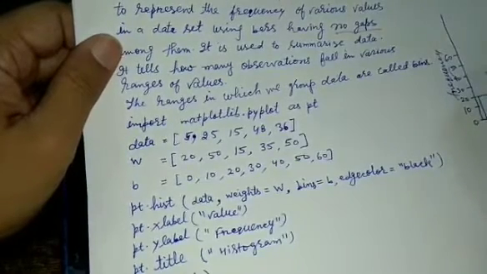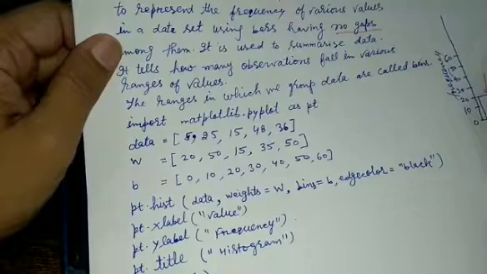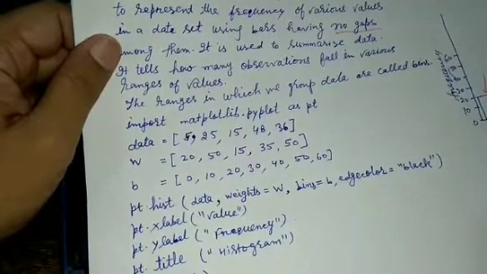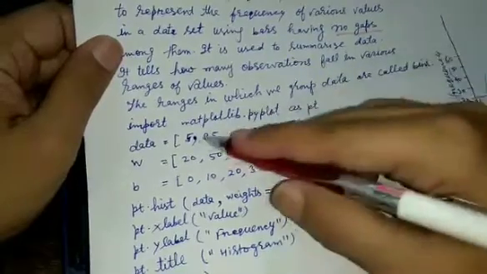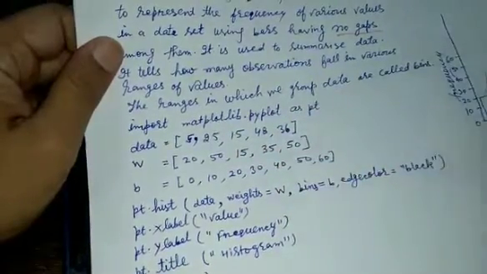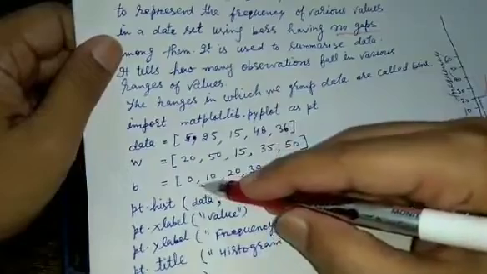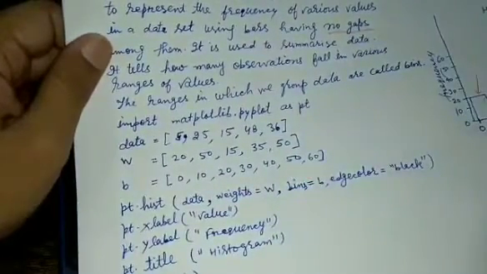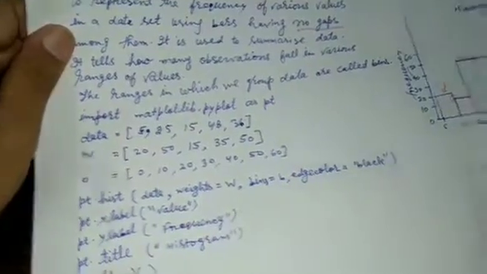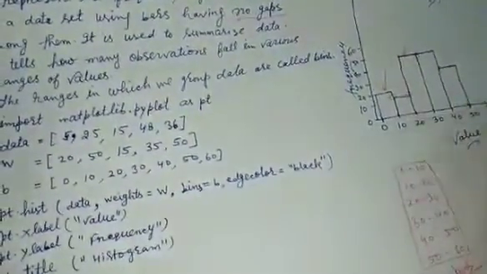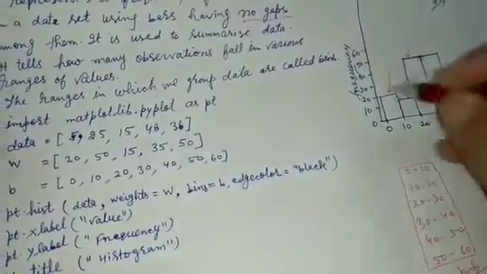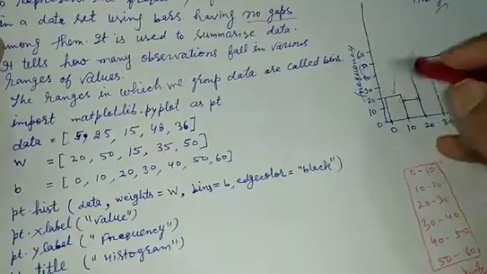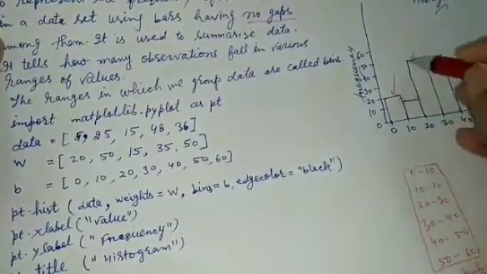Width in the histogram is this value, how much on the y-axis you want to go. And this data is the value of the x-axis. And this bin is only used to divide the x-axis equally into groups called bins. So this is bins, this is the value of y-axis, and this is width.